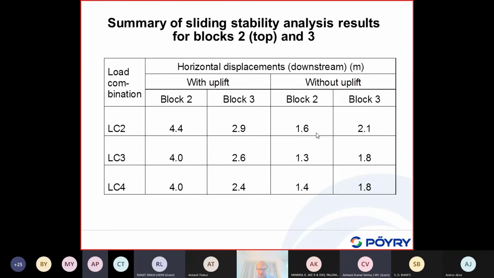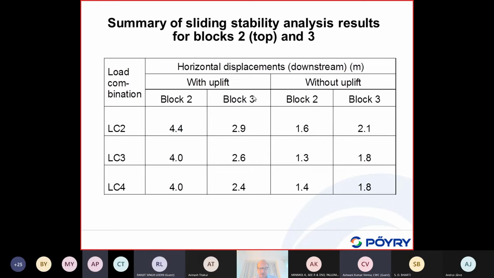Now we get for block 3, if I recall once more results I've just shown for load case 2, basically a displacement of the top block, which is block 3, of about 2 meters. For block 2, which is 20 meters higher, we get typically about 1.5 without uplift.